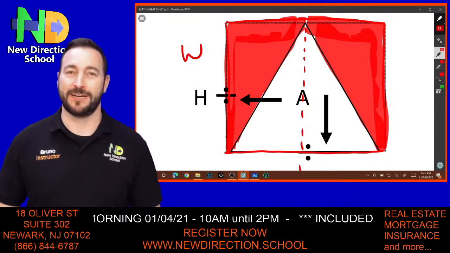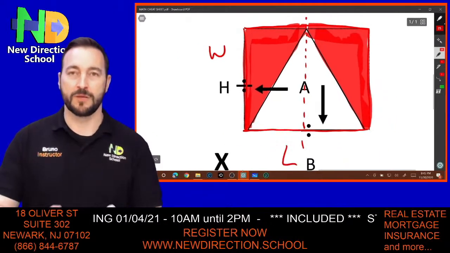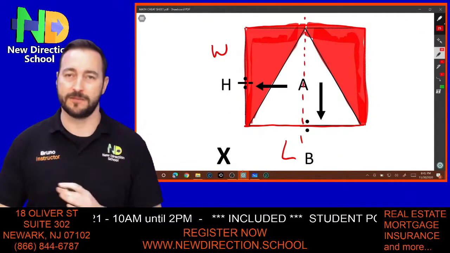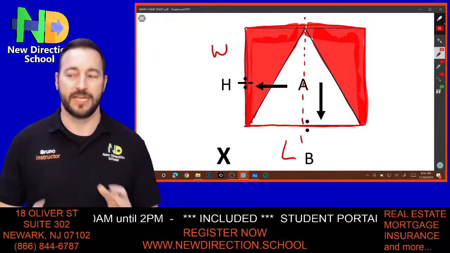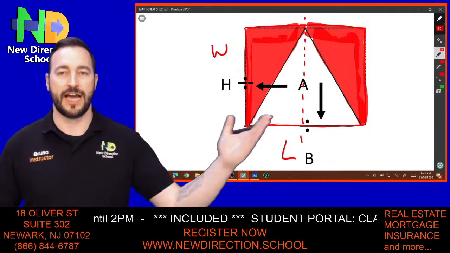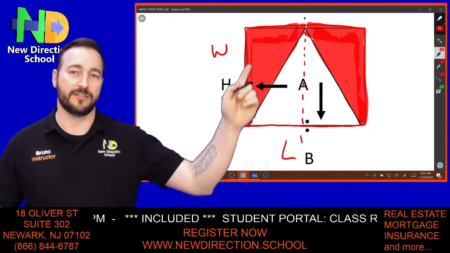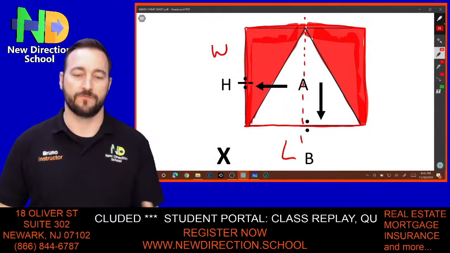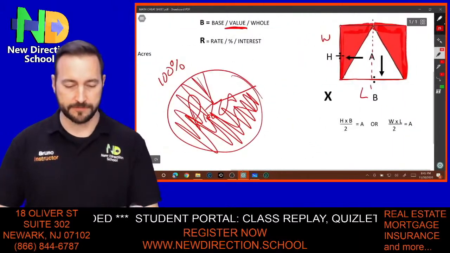But I try to explain, the teachers hate me. But what I try to explain is that every single triangle, doesn't matter how it is, how it's cut, every single triangle is half of a square or rectangle, because that's the only thing that's missing. It's the other half, right? And I'll prove it to you right now.